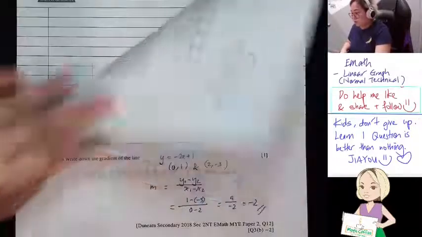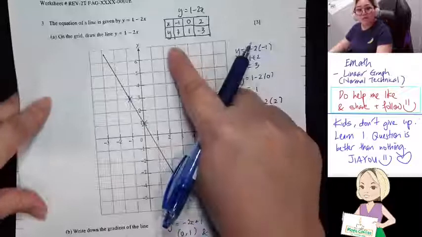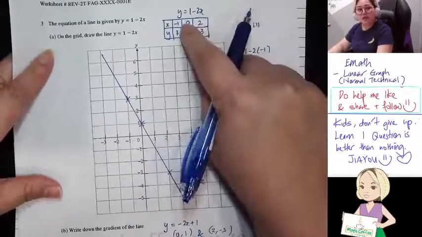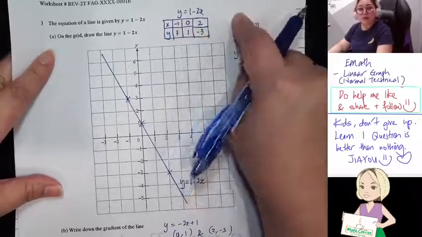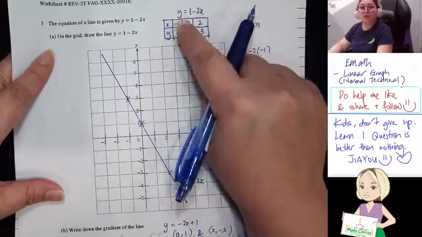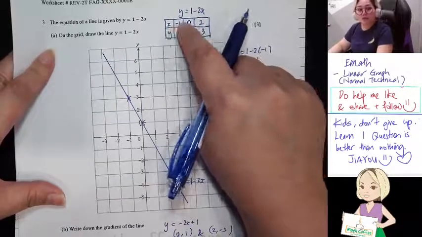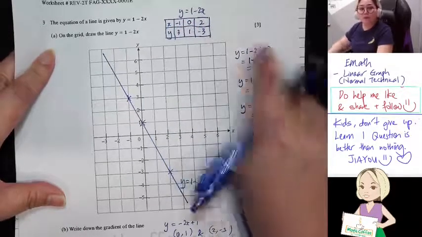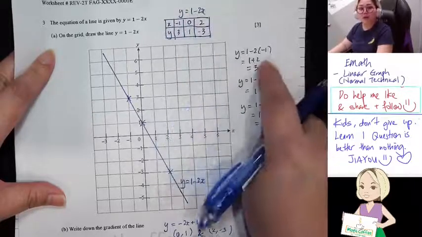So this is how you plot the line with a table of points. Sometimes students ask me, how do I know what x value to sub in? You can sub in any x value, as long as you find the corresponding y. So when I choose x equals -1, I sub it into y equals 1 minus 2x and I get y is 3.